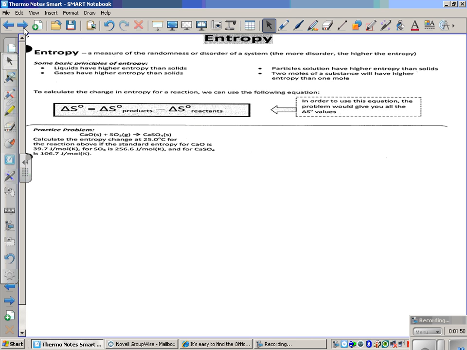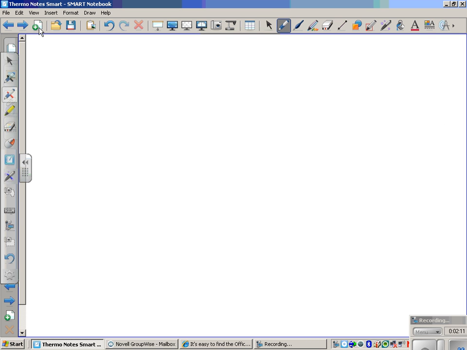Now, one thing we do need to know, and hold on, my computer is not up on my screen. All right. One thing that we do need to know and be thinking about is what the sign is of delta S. So somewhere on your paper, probably on the very front page, let's make a list of what all the signs mean at the very top, because you have to know these 6 things.